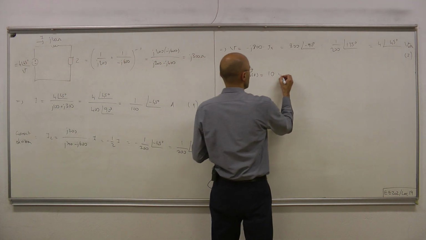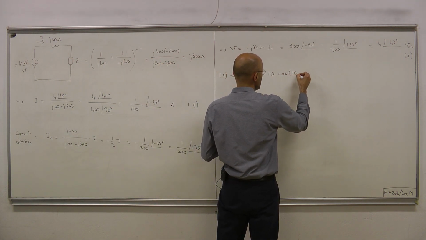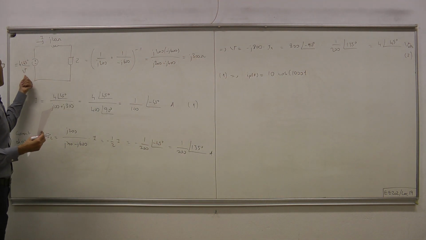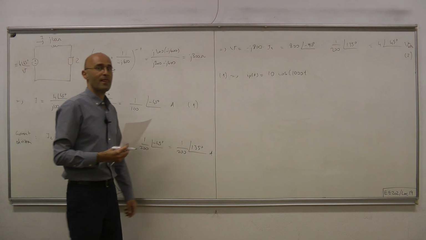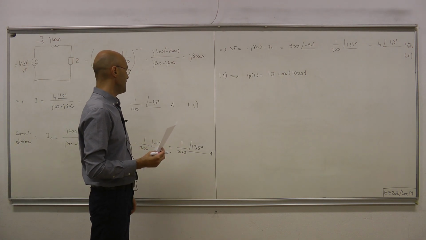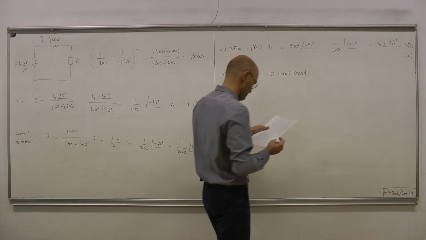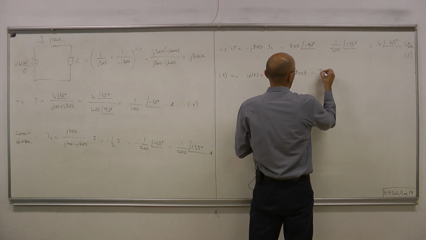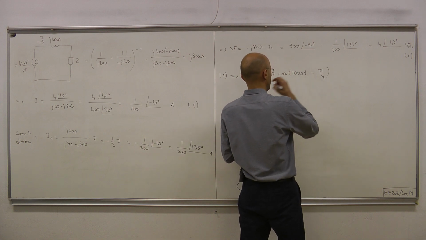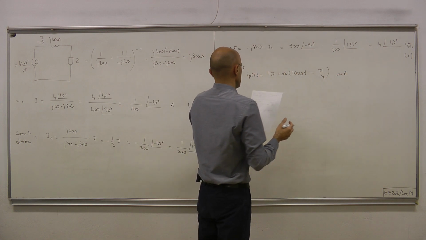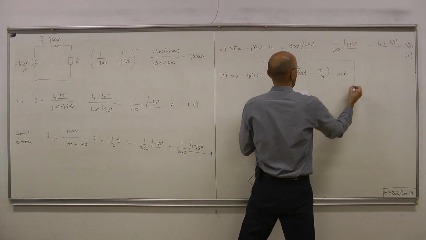The frequency of oscillations is the frequency of oscillations of the input, which was 1000 radians per second, and as for the phase, it's sitting here, minus 45 degrees, or minus pi/4 radians, in milliamps. So that's our i particular of t.